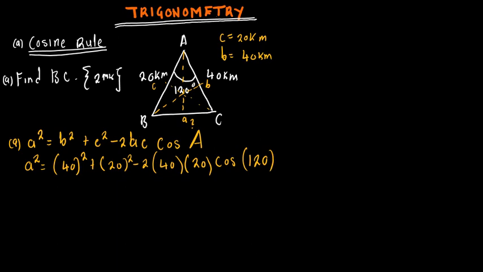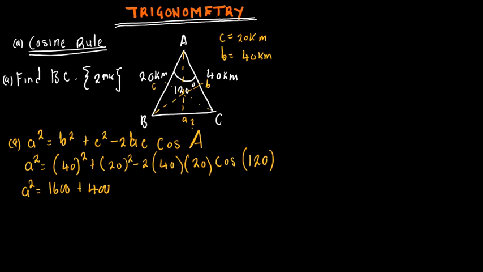Okay, so when we reach here, let's now try to calculate. So we can say 40 to the power 2, which is 1600, plus 20 to the power 2, which is 400.